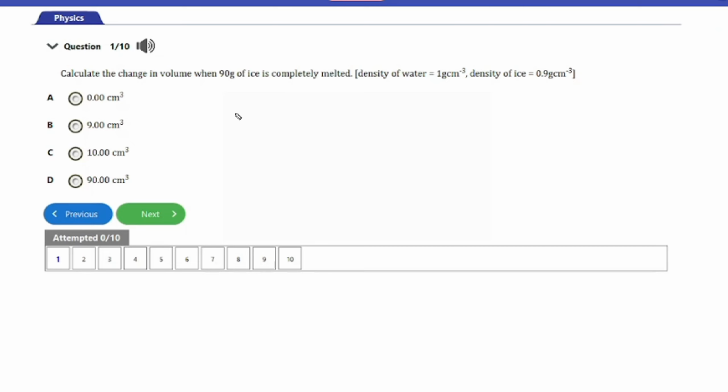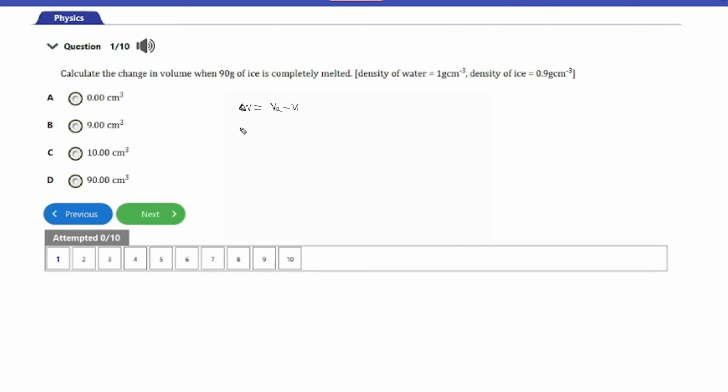Since we are calculating the change in volume, that's delta V, it will be V2 minus V1. So we are going to calculate the volume of ice and the volume of water and then find the difference, and that would be the change in volume.